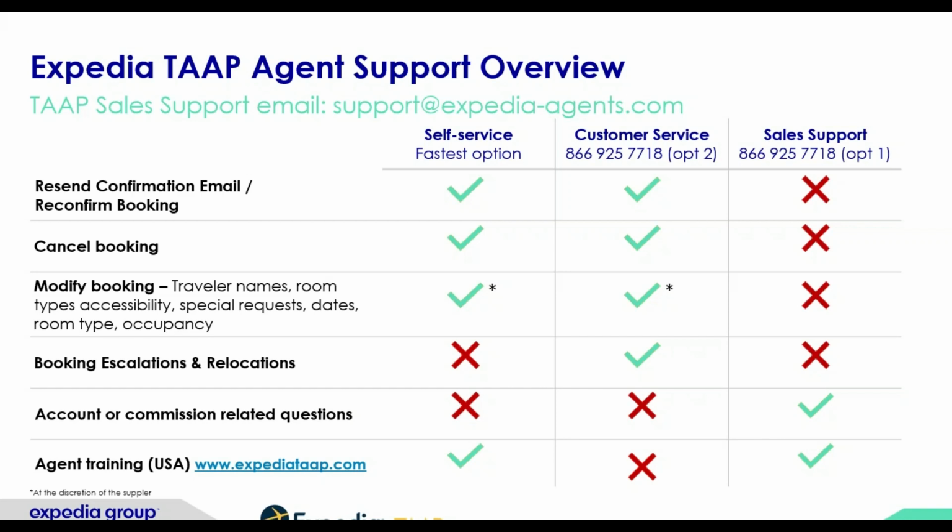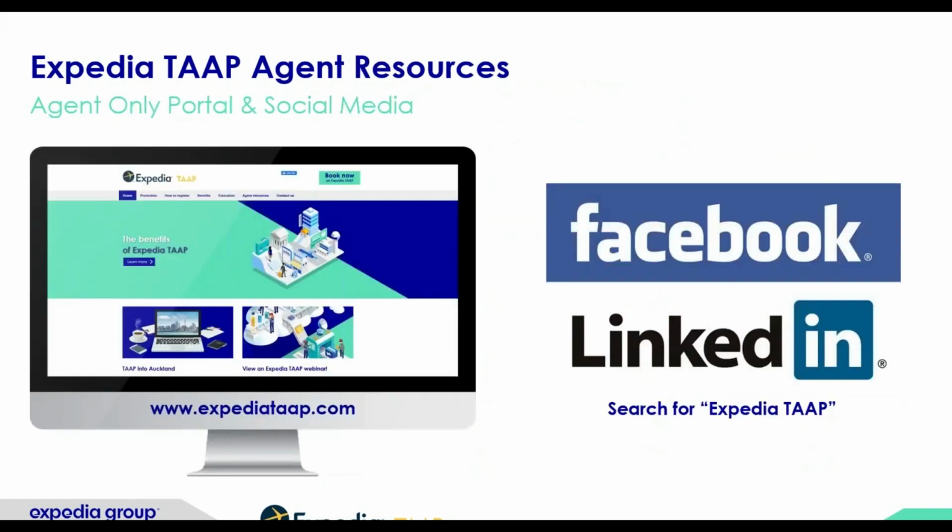We also have a travel agent education website where you can access an extensive FAQ section, but more on that on the next slide. So ExpediaTAAP.com is our agent-only education site where you can watch webinars, sign up for upcoming webinars, learn about the TAAP program in general. We always feature current promotions and updated information as well.